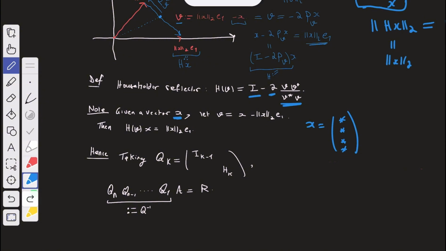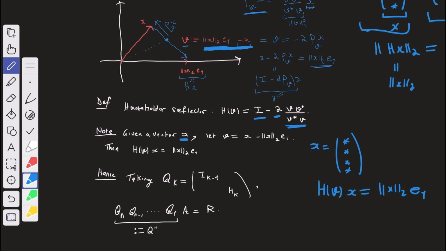So, to do that, you introduce a matrix H of v, which is the Householder reflector for a suitable choice of v, and you hit it with x, and you get the vector, the norm of x times e1. Now, what is the suitable choice of v that we want to make? Well, this is one choice of v that is possible to make.